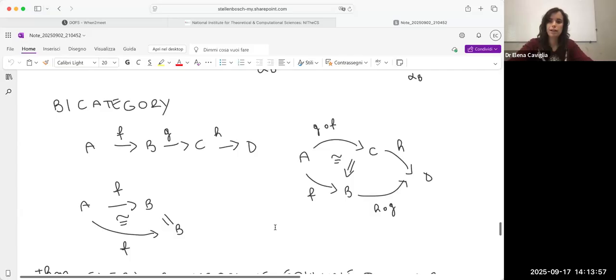And then we ended the second lecture talking a little bit about bicategories. They are a weak version of two categories. This means that we don't ask anymore that composition of arrows is associative, but it's only weakly associative. This means that if we do G, F and then compose with H, or if we do F and then H compose with G, these two are not the same, but they are only isomorphic.